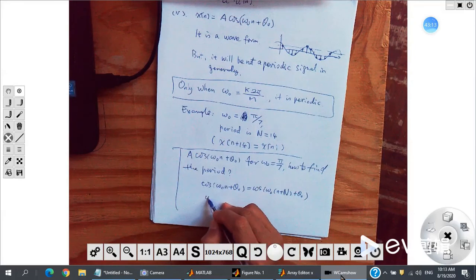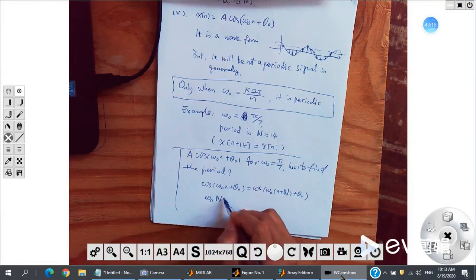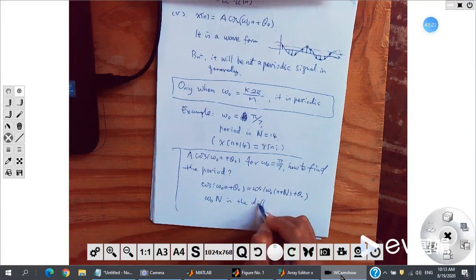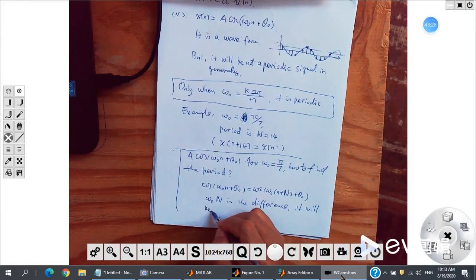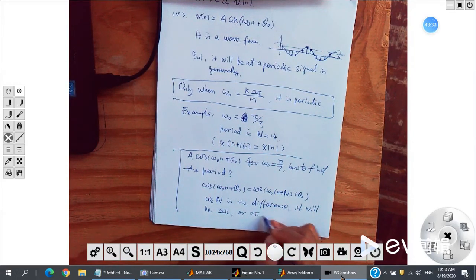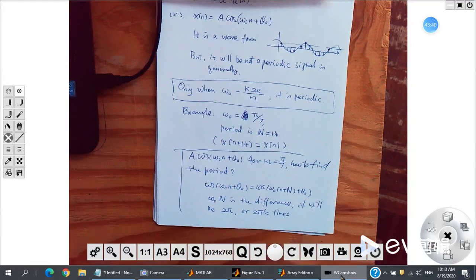So omega 0 times n, the difference will be 2 pi, or sometimes 2 times 2 pi, 4 times 2 pi, things like that.